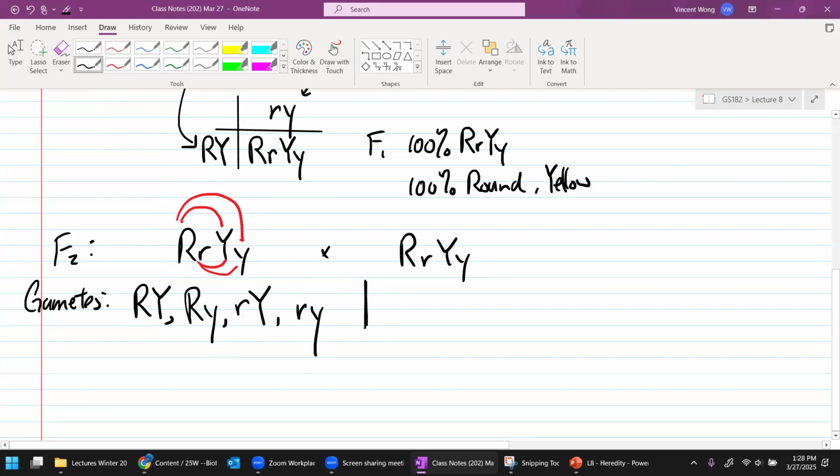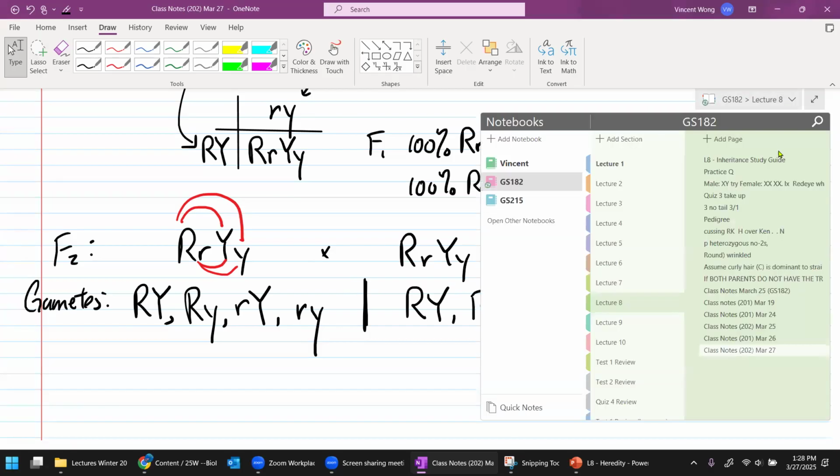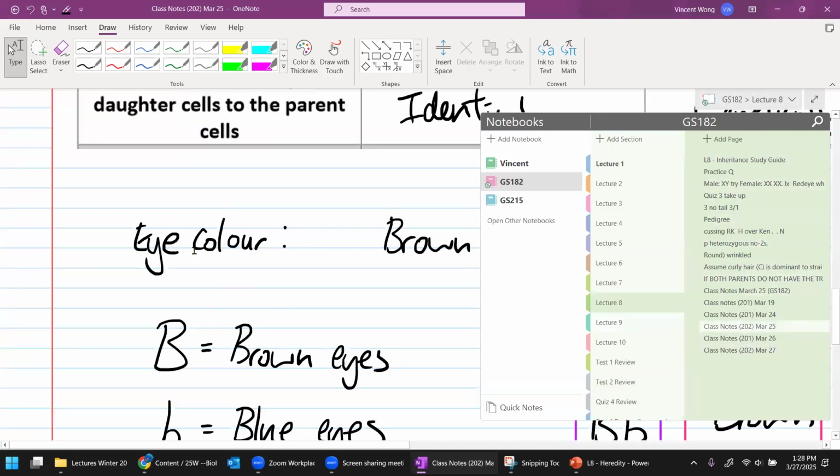Now we're going to put a bar to separate one parent from the other parent. And it's the same, isn't it? Okay. Now this is the challenging part.